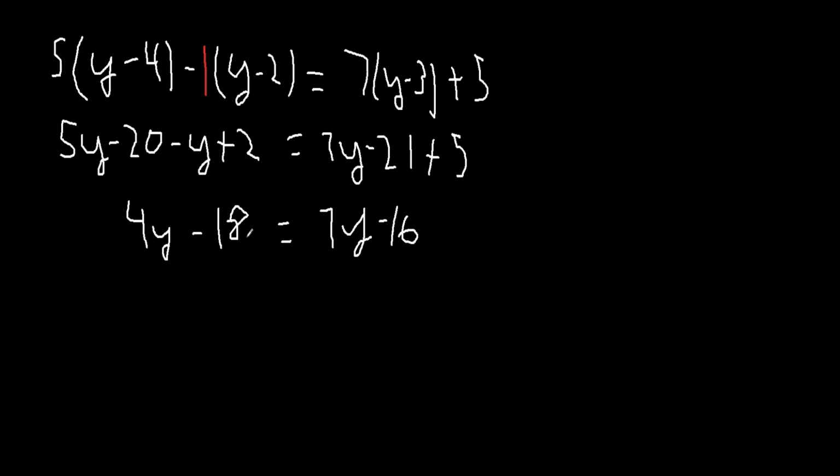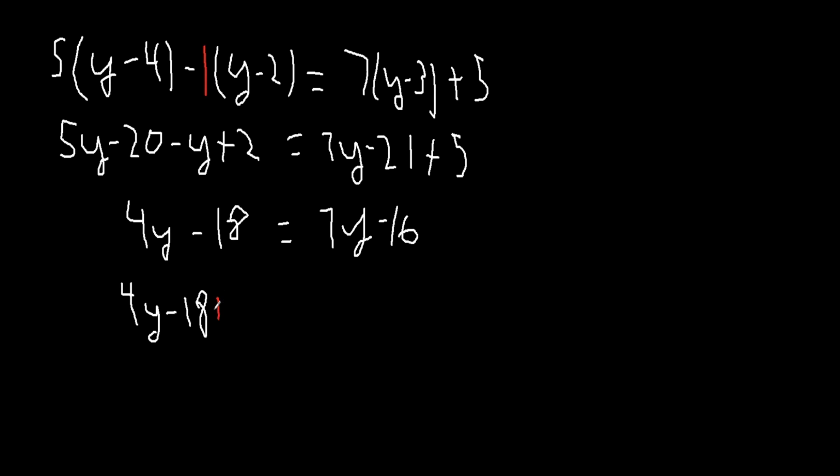So we have 4y minus 18, and here we have 7y minus 16. So now we can collect our like terms. We can first deal with our numbers. So we have negative 18 and negative 16, and the opposite of negative 18 is positive 18.